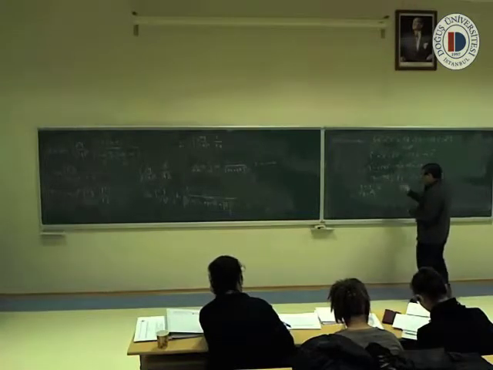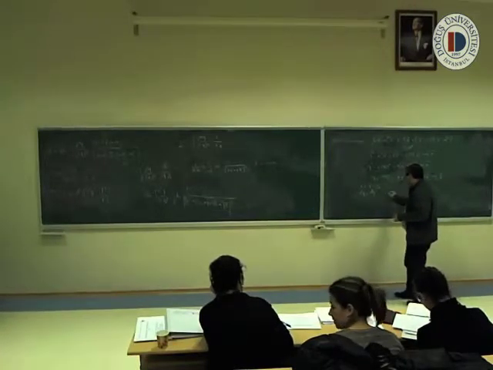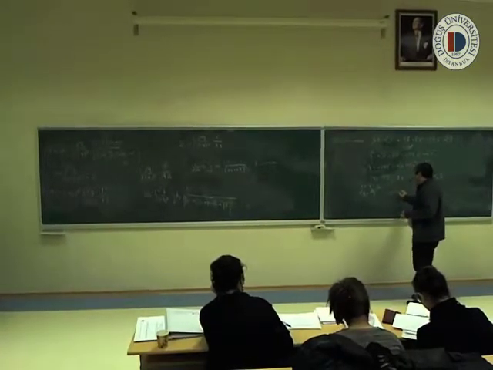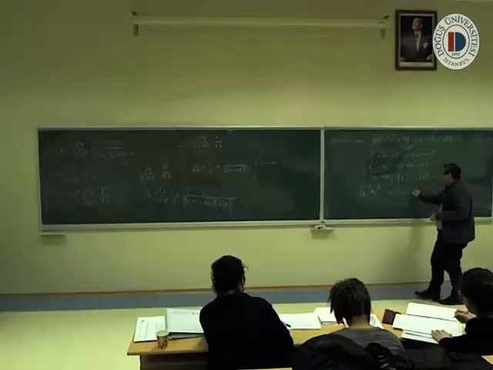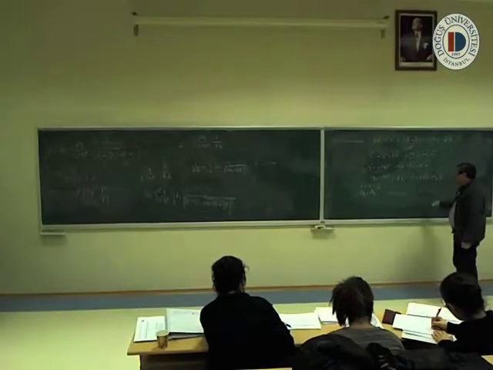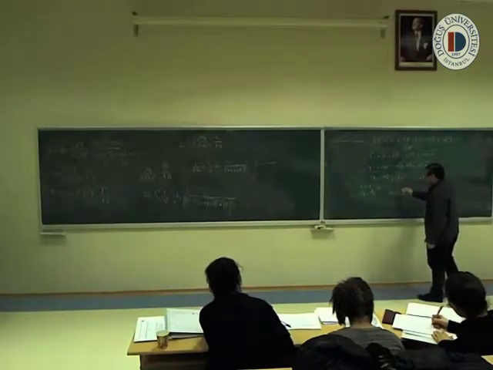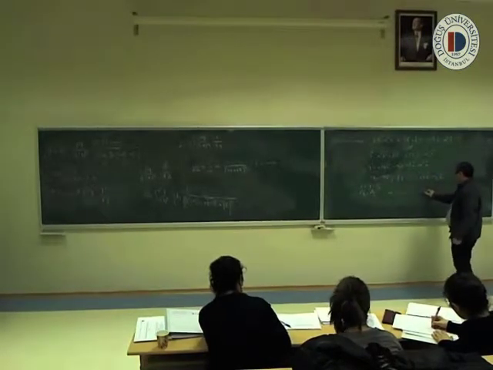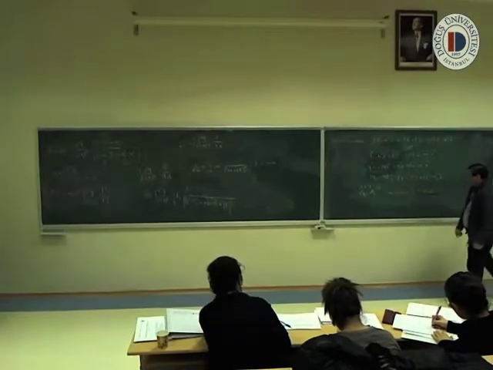So for the denominator we have k squared, and I call the remaining part delta.